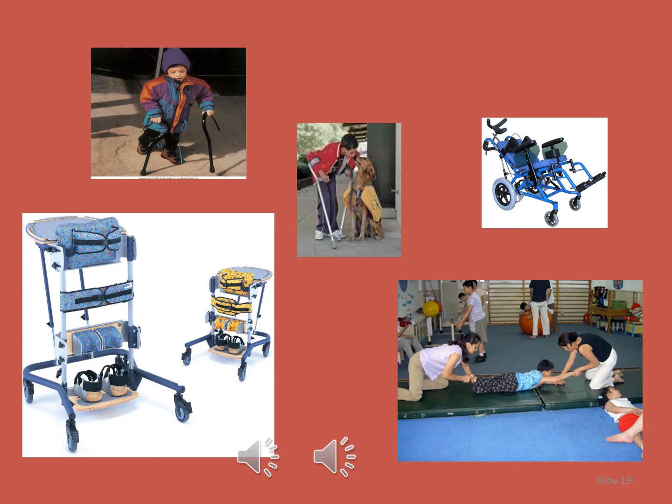They just don't have the muscle tone. So you do see a wide variety within CP as to what their abilities are. But our whole goal is to establish locomotion, communication, and self-help skills. We want them to be as independent as possible.